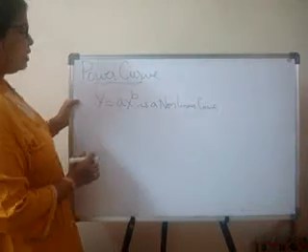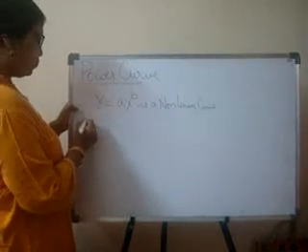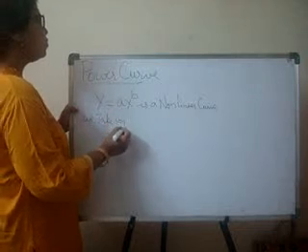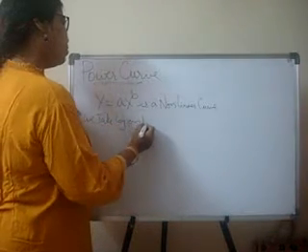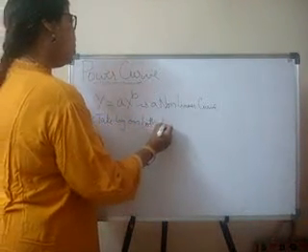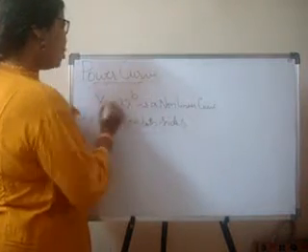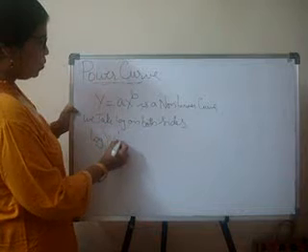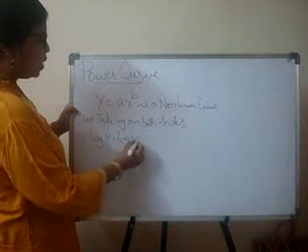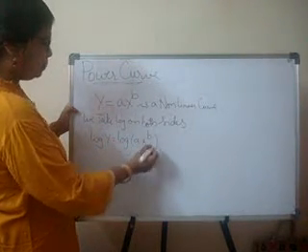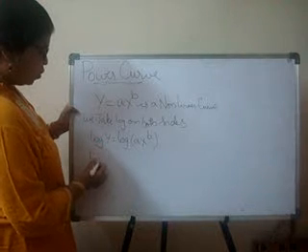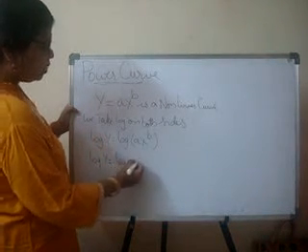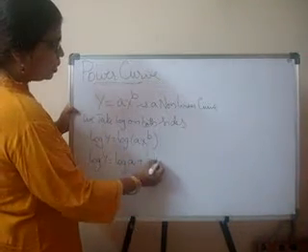It is a non-linear curve. What do we do? We take log on both sides. Log y equals log a x power b. So log y equals log a plus b log x.